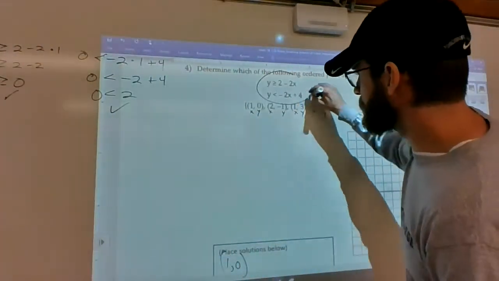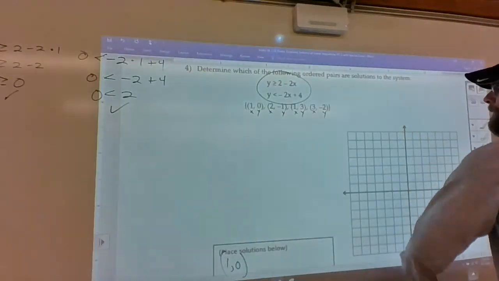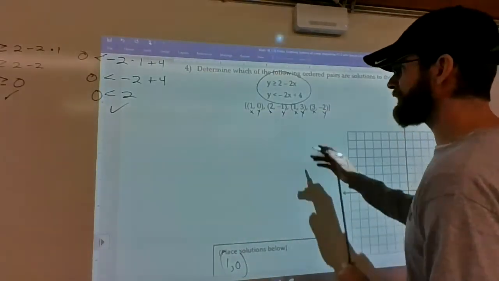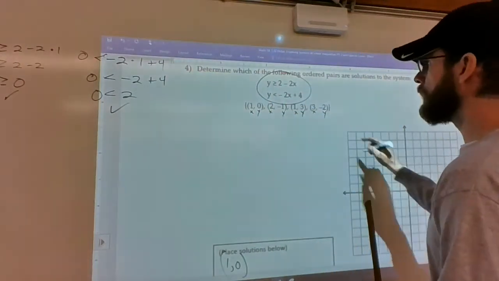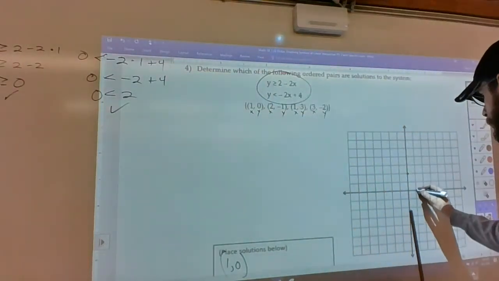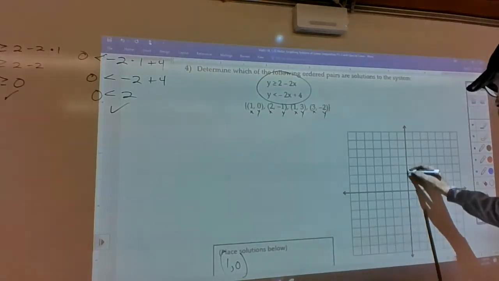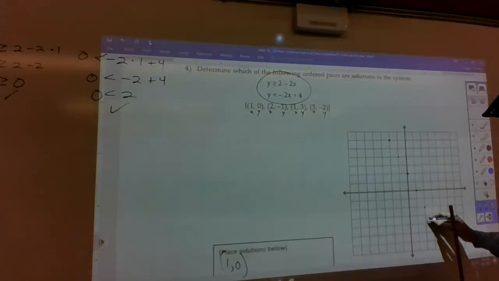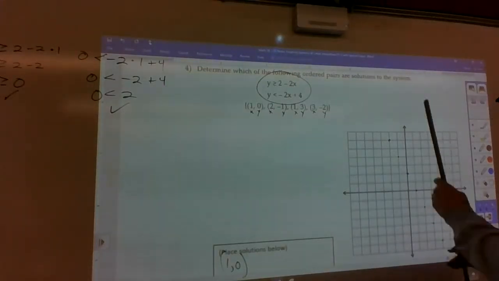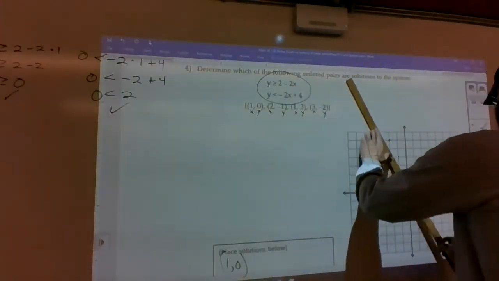So y is by itself already twice. That's good news. Don't have to do any algebra legwork. We just start at 2, go down 2, right 1, or up 2 left 1, down 2 right 1. Draw our line, bold.